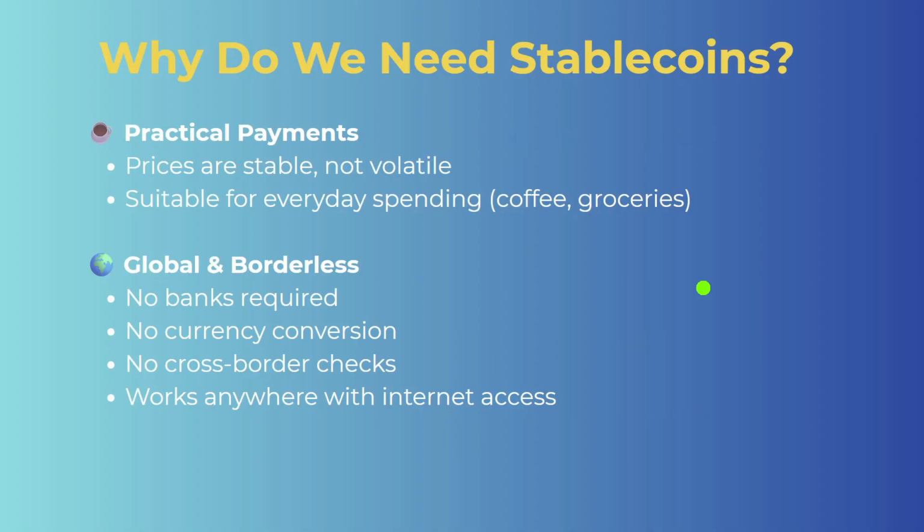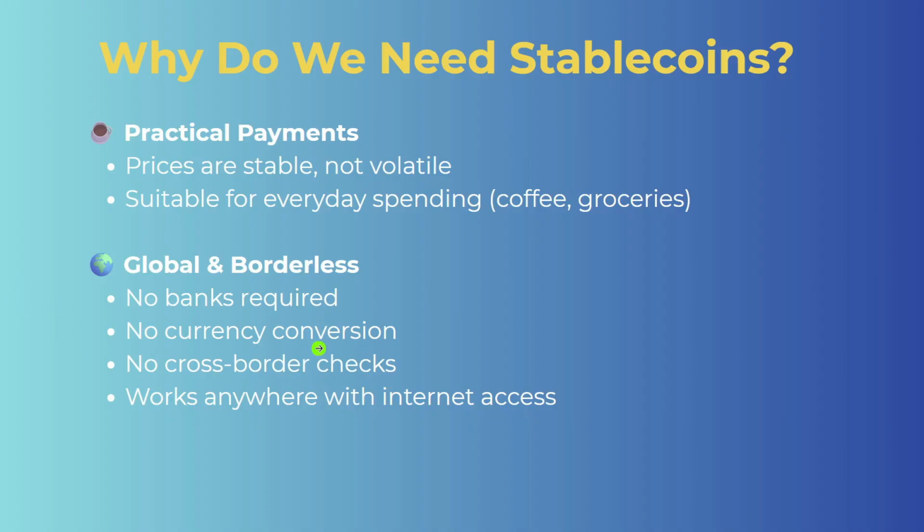So why do we need stablecoins for practical payments? Because, as we said, we want stable prices, not volatile, that are suitable for everyday spending like coffee or groceries. We want to use them to pay abroad all over the world, so we don't need approval from a bank.